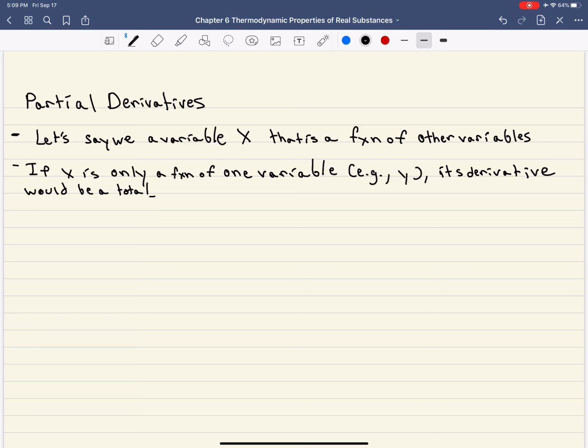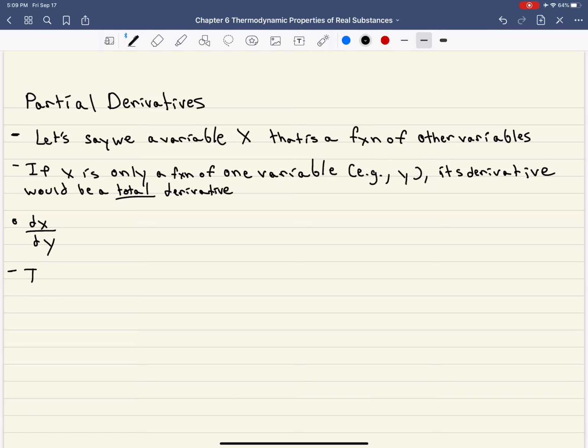So that's just telling us that x is only a function of y, right? And so its derivative is also only a function of y, okay?